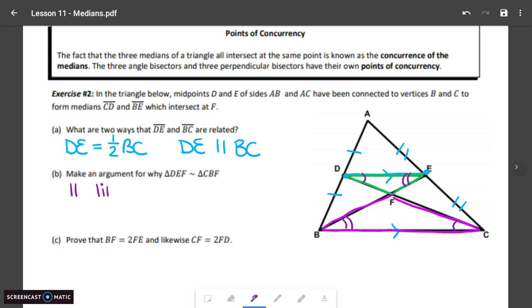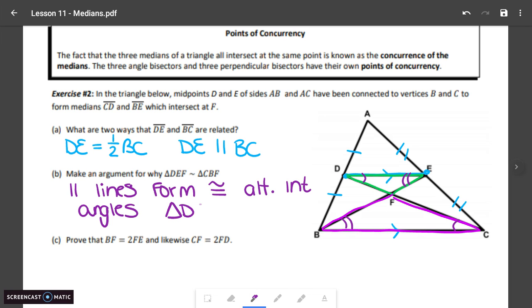So parallel lines form congruent alternate interior angles. Triangle DEF is similar to triangle CBF by angle.